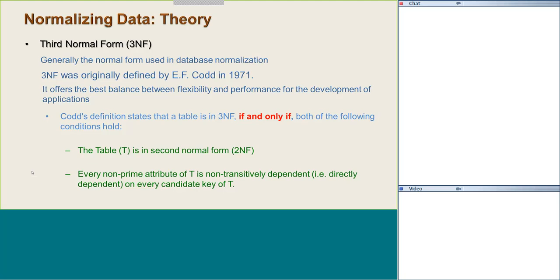So second normal form says they must be dependent on the key, but doesn't imply that they cannot be dependent on some other key as well. Whereas third normal form says that your non-prime attributes must be totally and directly dependent on every candidate key and on no other key.